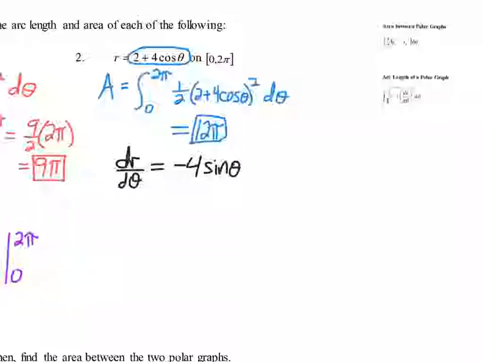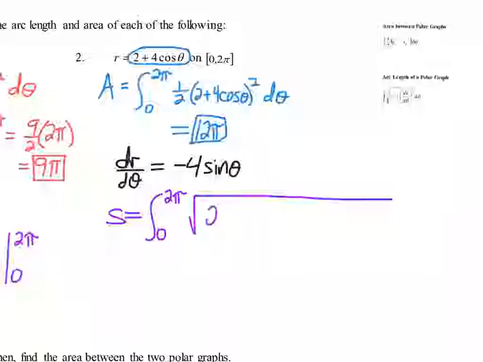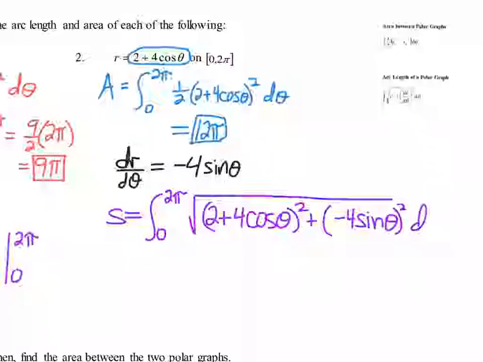All right, so my arc length formula, still going from 0 to 2 pi, we'd be looking at the square root of r, not literally r, what r really is, 2 plus 4 cosine theta squared plus negative 4 sine theta squared d theta.